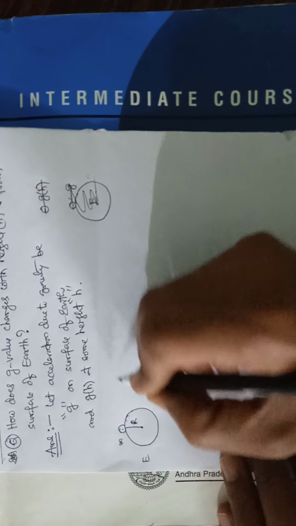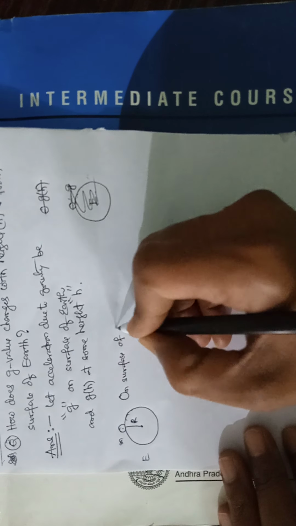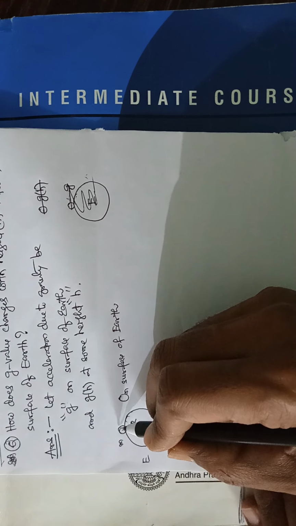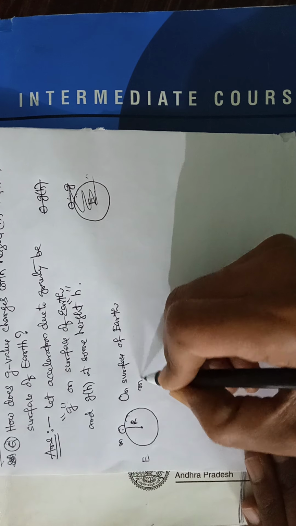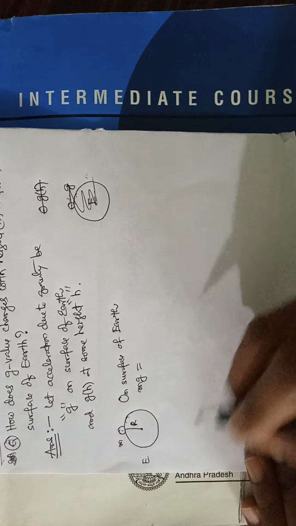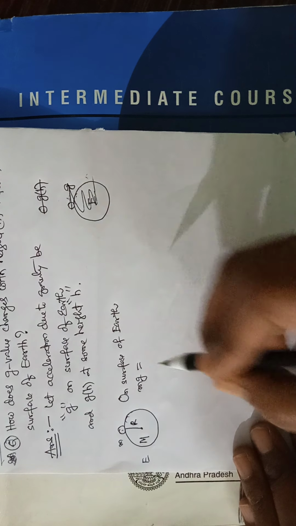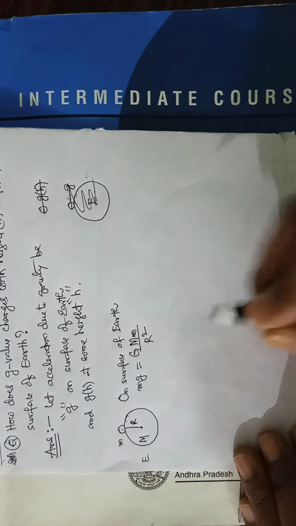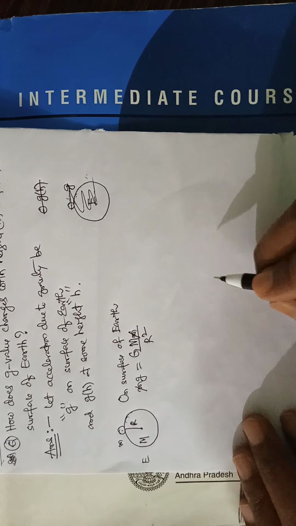Now on the surface of Earth, the gravitational force on the object by Earth according to Newton's second law is mg, and suppose its mass is capital M, and according to Newton's universal law, the gravitational force between these two is GMm by R square.